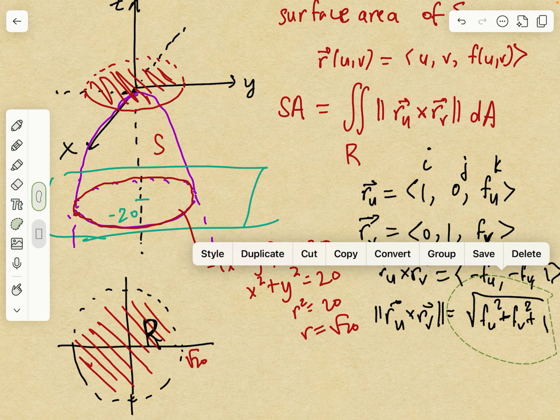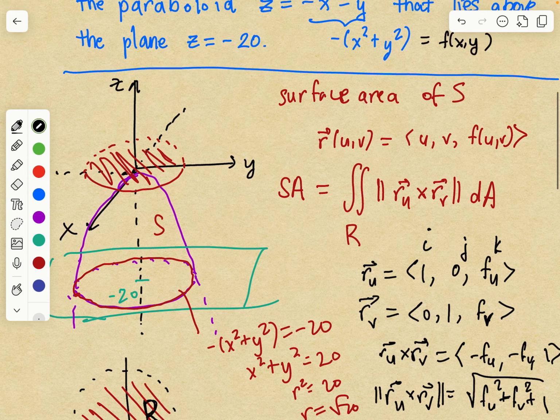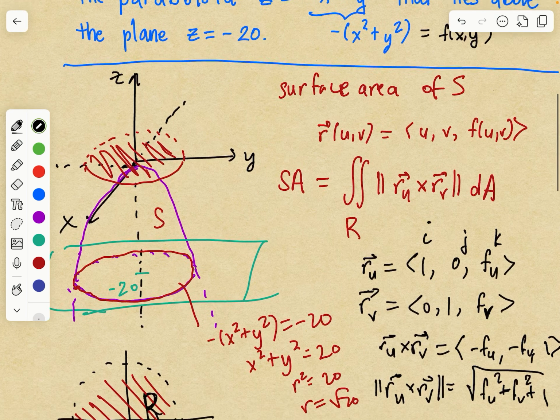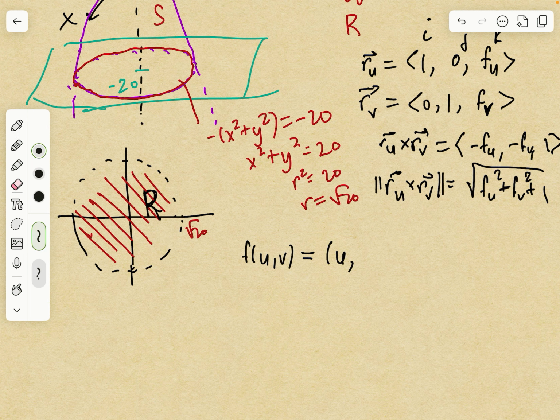Okay. So what does that look like? In this case, my f of u, v is my z, right? So I have f of u, v equals negative u squared minus v squared.